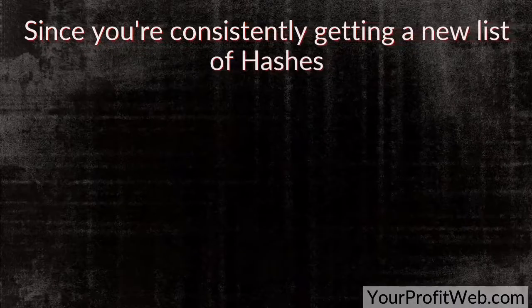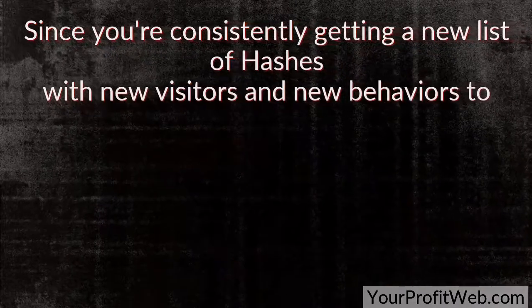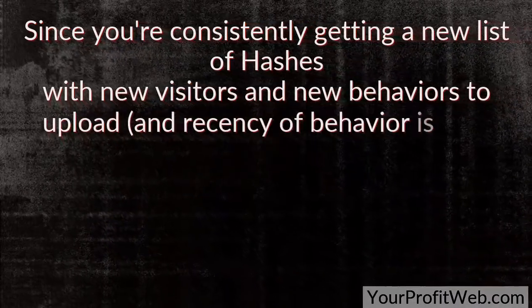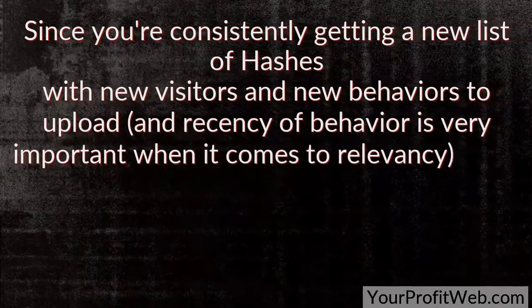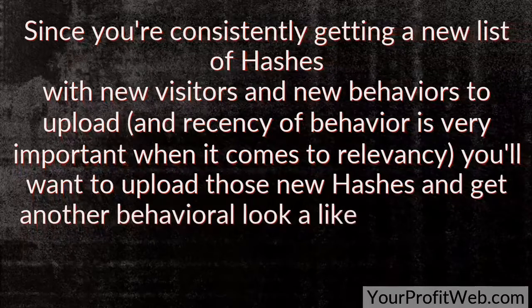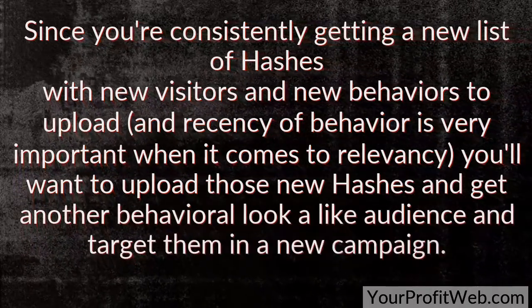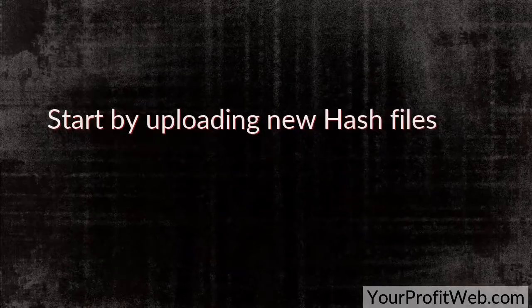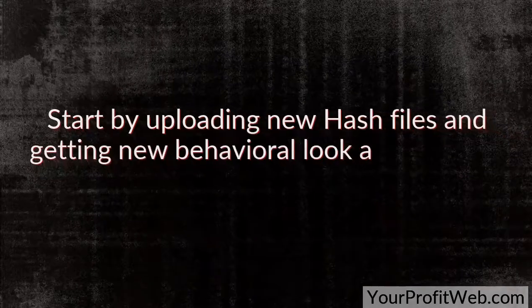Since you're consistently getting a new list of hashes with new visitors and new behaviors to upload, and recency of behavior is very important when it comes to relevancy, you'll want to upload those new hashes and get another behavioral lookalike audience and target them in a new campaign. Again, measure those results. Do this again and again. Start by uploading new hash files and getting new behavioral lookalikes every month.